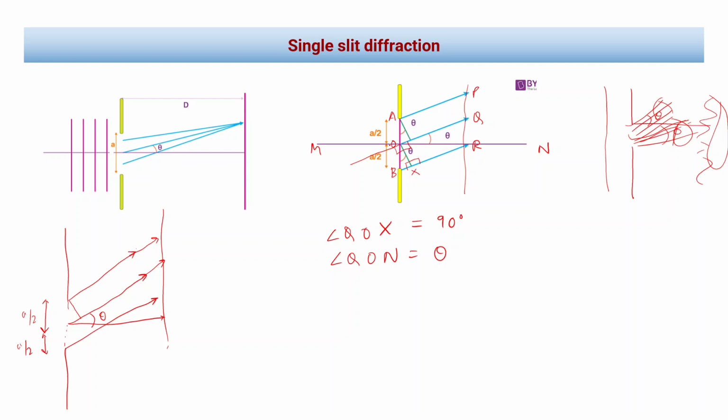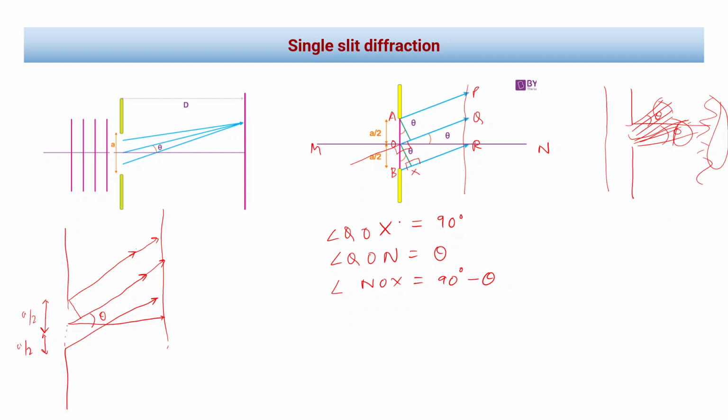The angle QOX, which is perpendicular here, is 90 degrees. Out of 90 degrees, if this is theta, that means the remaining angle NOX will be 90 degrees minus theta. I don't want to erase this because we still need this figure, but out of all this 90, this portion is theta, so the remaining portion is 90 minus theta.